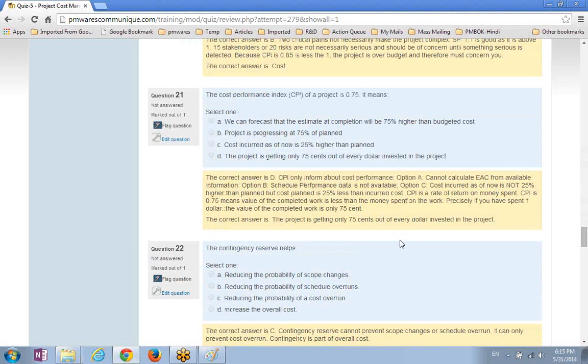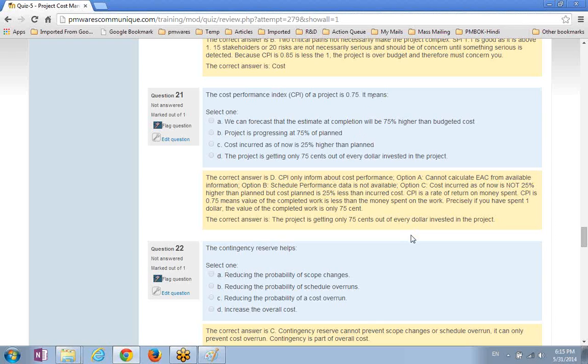The cost performance index of a project is 0.75. It means, since CPI, what is CPI? CPI is a cost performance index. It means your return on investment. That means what kind of money you are investing and what returns you are getting in terms of money.